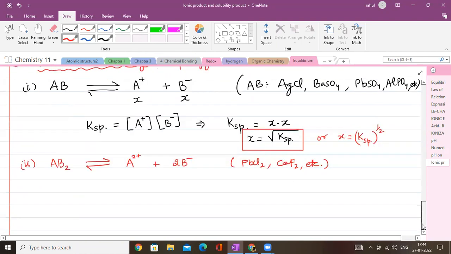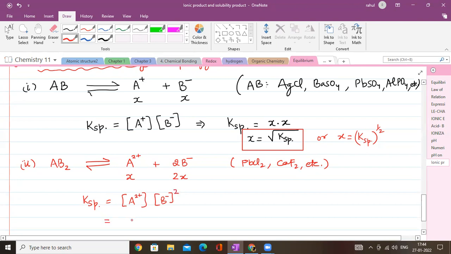Such kind of salts, sparingly soluble salts, of course. Again, if this is X, so this is 2X, right? So if you ask me what is the Ksp, Ksp will be equal to A positive to the power 2 and B negative to the power 2. This is the solubility product.